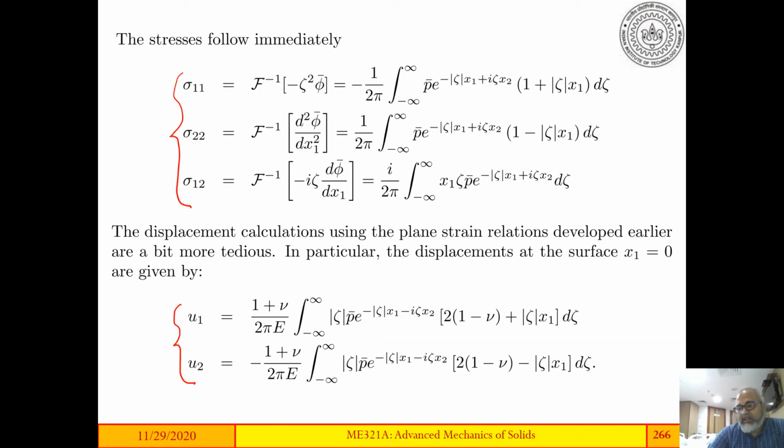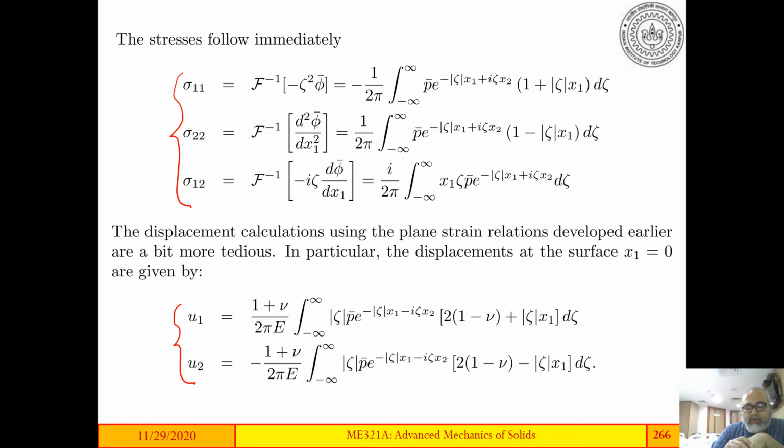Similarly, for the Kelvin problem, we had earlier found the Green's function for displacements as well. Those Green's functions can also be superposed in order to find the total displacement at any point. So Green's function solutions can be generated by Fourier transform methods, and then they can be used along with the principle of superposition to give you the solution to any problem.